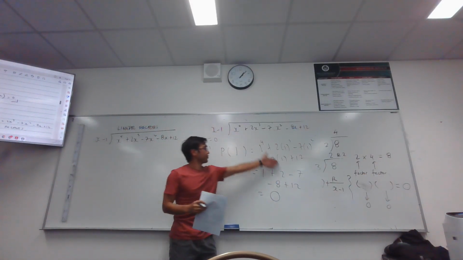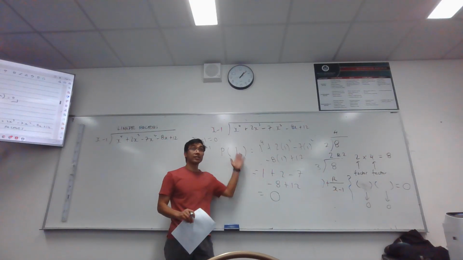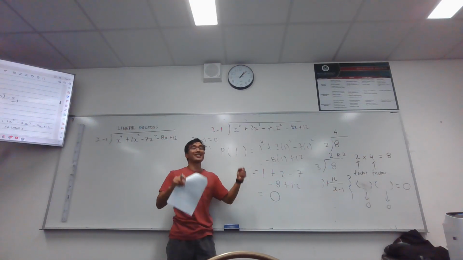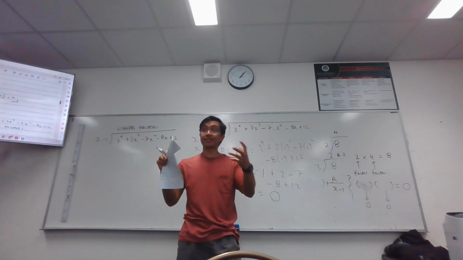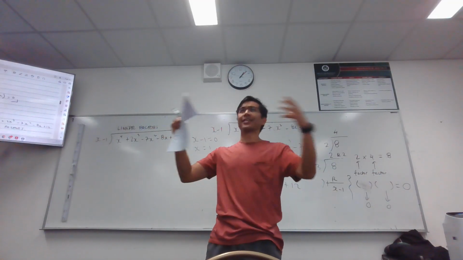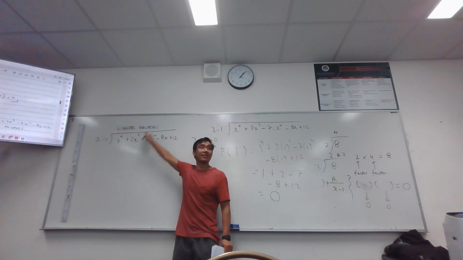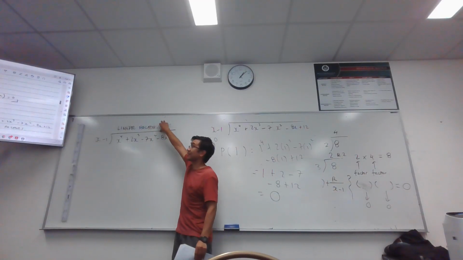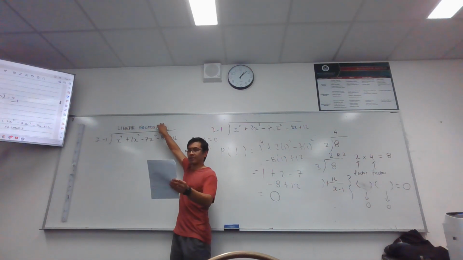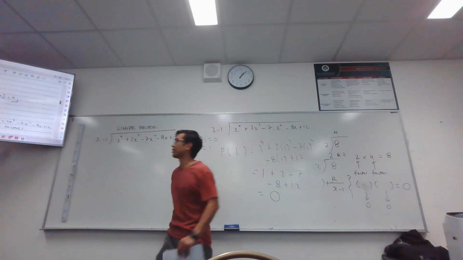So to prove that it's a factor, you can take a shortcut. But to get the actual other factors in the equation, you need to do long division to get it. Because we're after this line here. You've got to do long division. Okay, are you ready? Yeah, so let's do that right now.